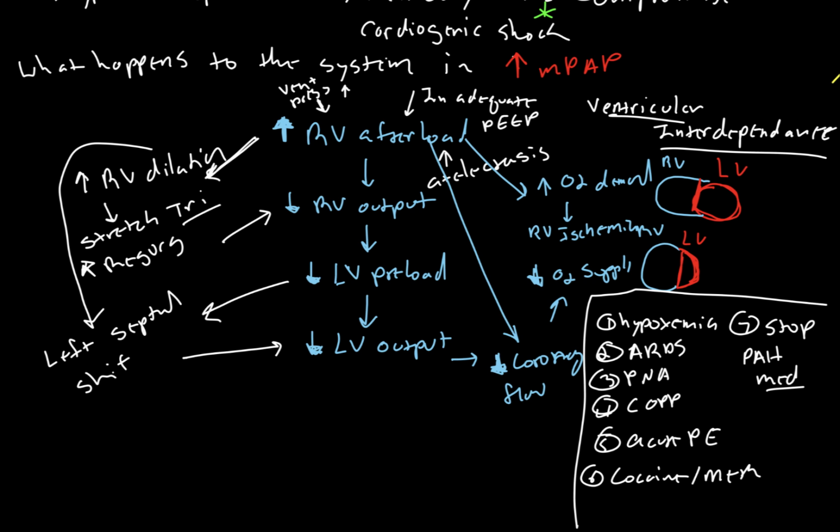And we'll also have an increase in oxygen demand due to the RV afterload. We're going to end up with the cycle of RV ischemia from that. So with this RV ischemia, we're going to further propagate our decrease in RV output. So you can see how this all kind of feeds into each other. Hypotension that happens from this cardiogenic shock will also decrease the coronary flow.